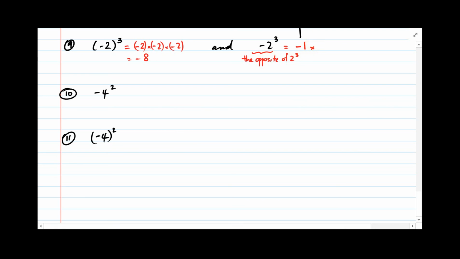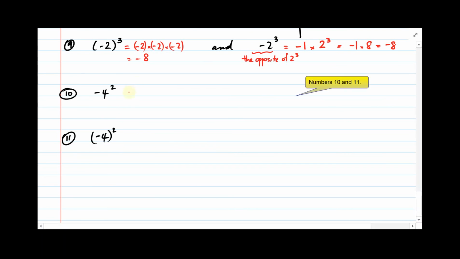So in writing it, this is really negative 1 times 2 to the third. I'm following my order of operations. Powers must be done first before multiplication. So here we have negative 1 times 8. Yes, it comes out to be the same as the earlier part of number 9. But that all stems from it being an odd power.